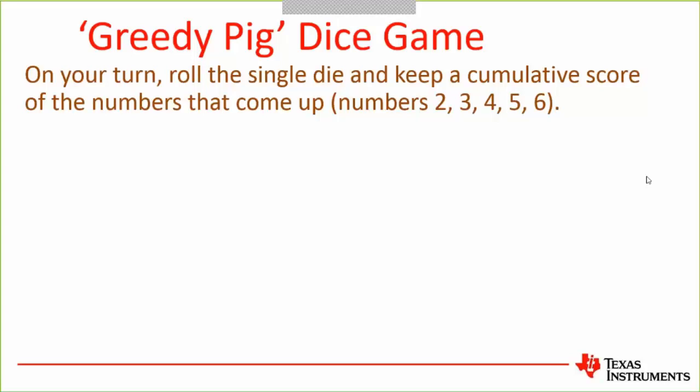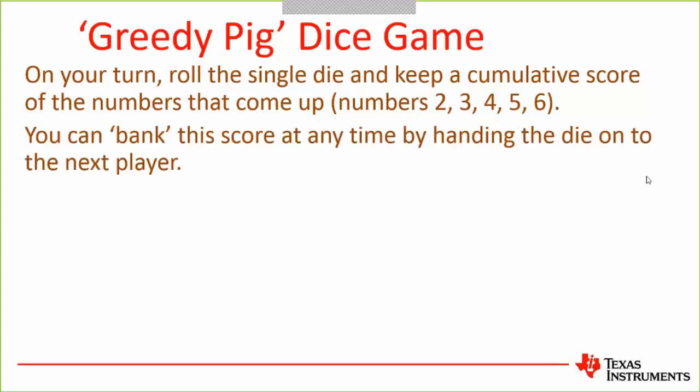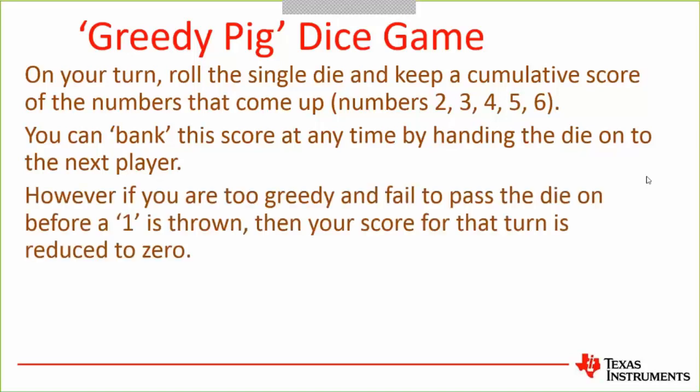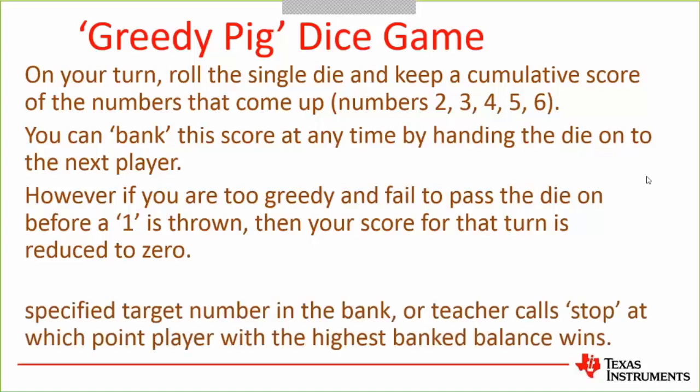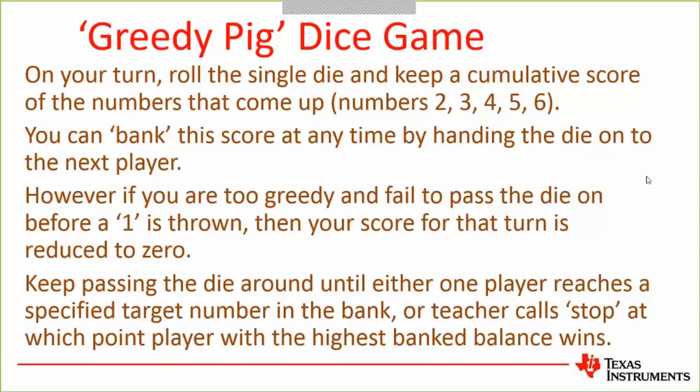You can say stop and accept that cumulative total at any stage and hand the die on to the next player. That is then your score to keep. However, if you are too greedy, hence the name of the game, then if a 1 is thrown, the score for that turn reduces to 0. And on we go until the teacher says stop now, and the highest banked balance is the winner.